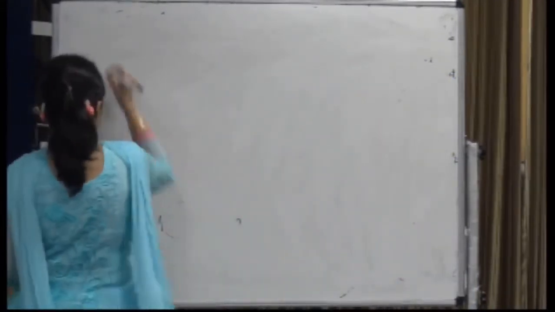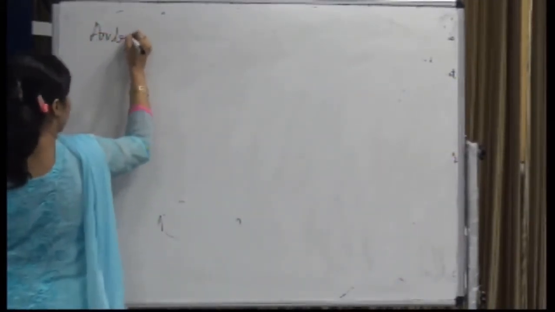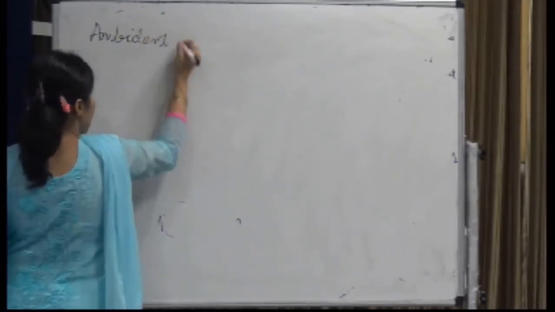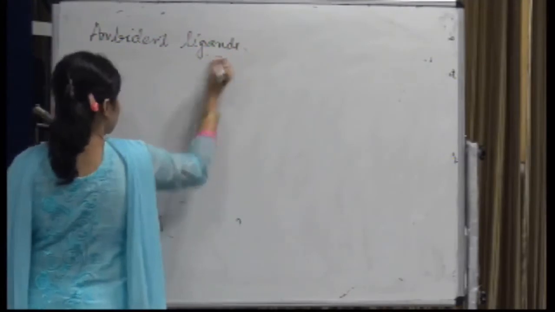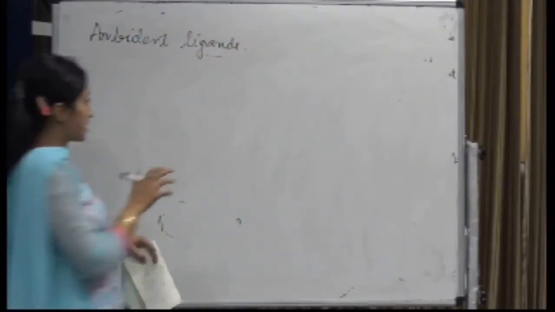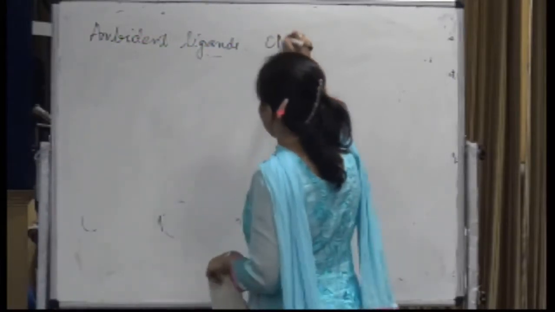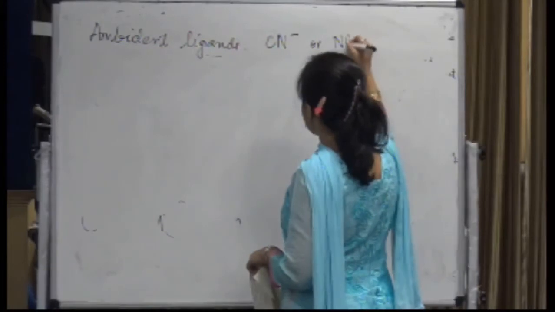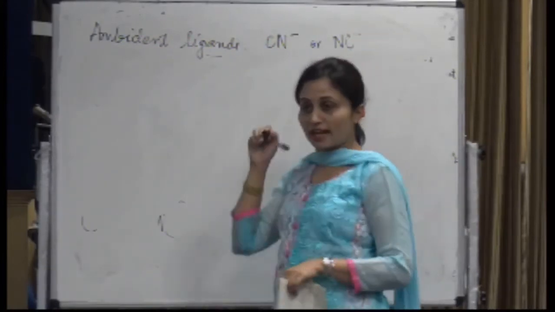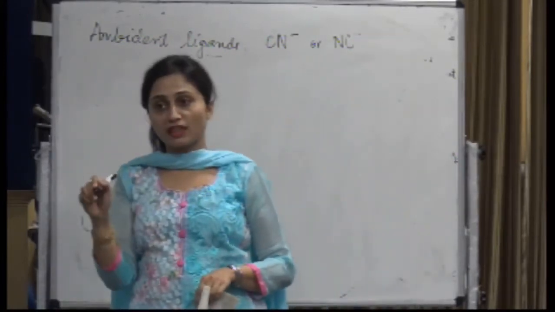What are those types of ligands? I'll just talk about them. You can have ambident ligands also. Ambident ligands are those which have two points of attachment. For example, you have CN minus, or it can also get attached as NC minus. So it can either attach from the carbon side or from the nitrogen side.